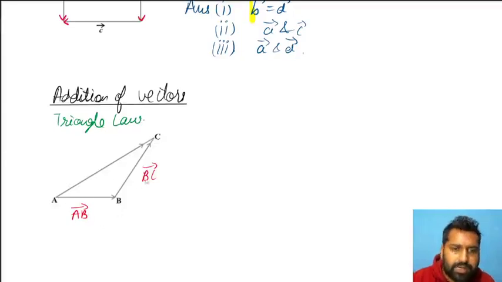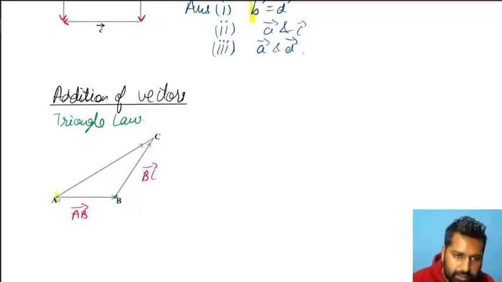So if AB and BC are two given vectors, you arrange them like this so that the terminal point of AB vector and the initial point of BC vector coincide.